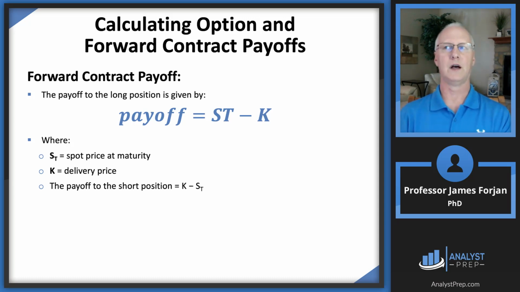And if the secondary spot price of these old time HP 12Cs is $200, then that payoff is going to be $100, because that person who signed that forward contract may or may not want to buy the calculator. They just might want to bet on the price of the calculator.